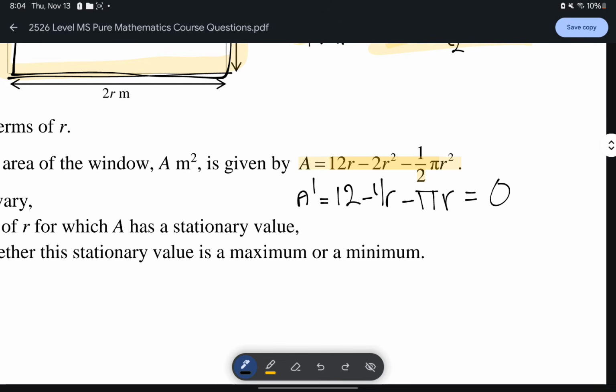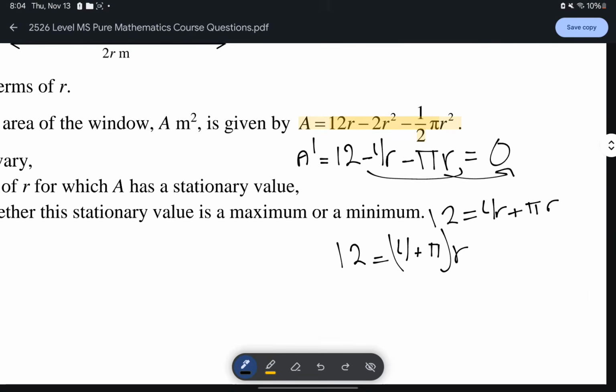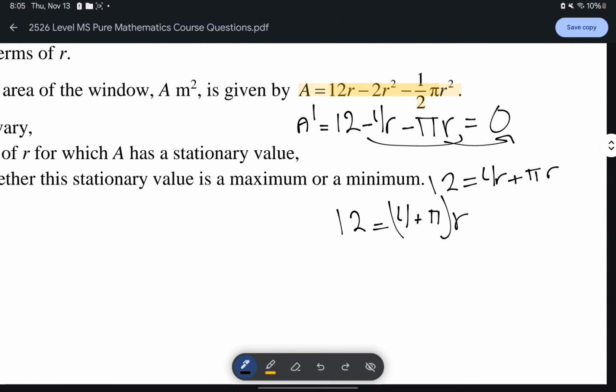So we'll move these two to the other side, so it's 12 equals 4r plus pi r. We'll factor out the r, so it's 12 equals 4 plus pi all times r. Then we'll take this to the other side, so r is 12 over 4 plus pi.